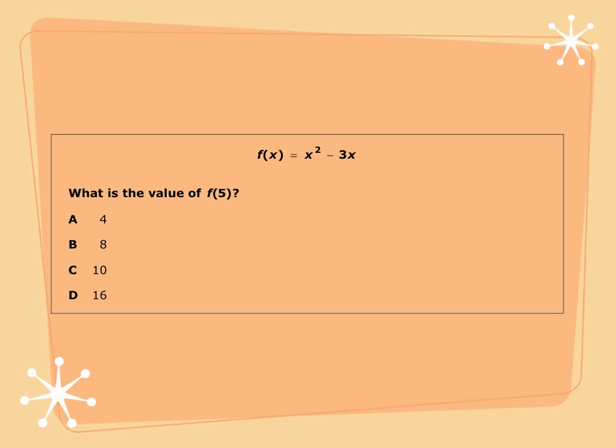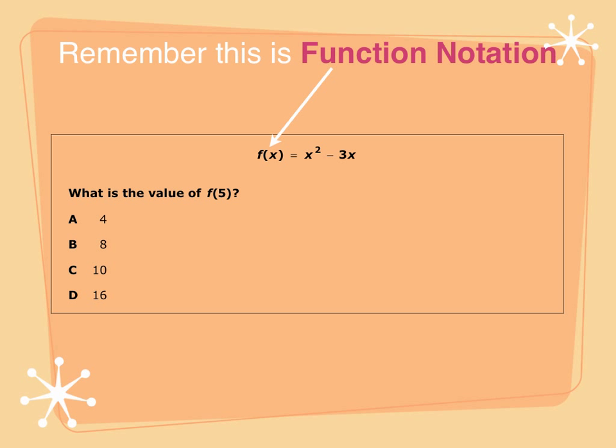The next example gives us f of x equals x squared minus 3x, and it says what is the value of f of 5? Remember that the f parenthesis x is called function notation. That's nice because it tells us automatically that this is a function. And when it says f of 5, when 5 is in the parentheses, that's telling you to substitute 5 for x.